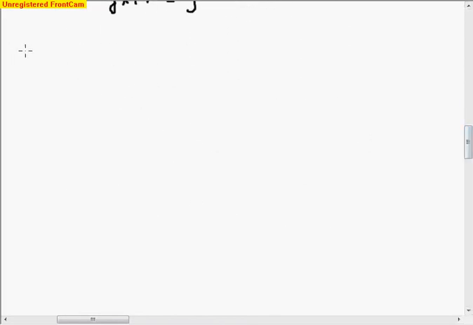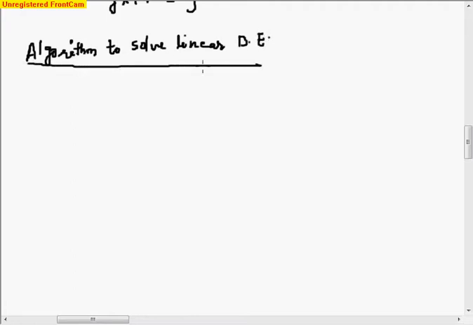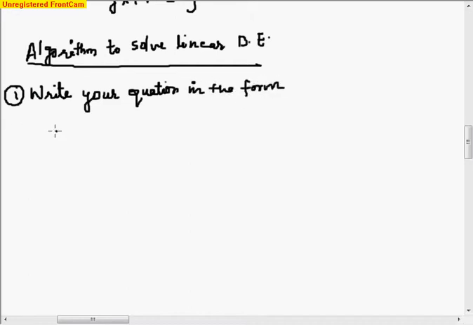Algorithm to solve a linear differential equation. First step: write your equation in the form dy by dx plus p times y is equal to q, right? This is your first step.